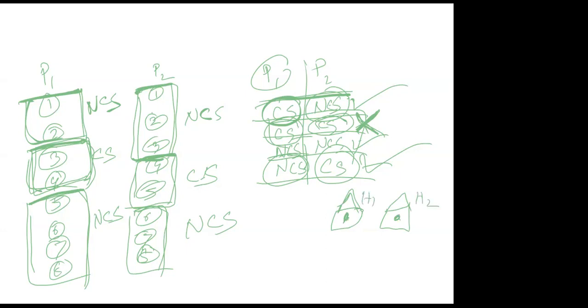If a person is already inside house H1, then if another person comes, it shouldn't be allowed to enter house H2. Or inversely, if a person is already inside house 2, and another person comes, it shouldn't be allowed to enter house H1.